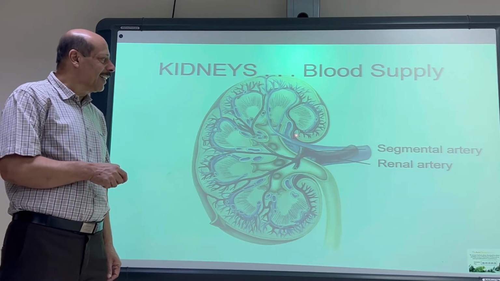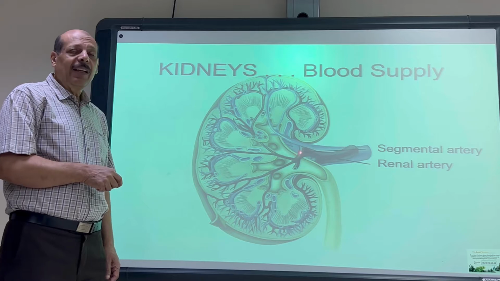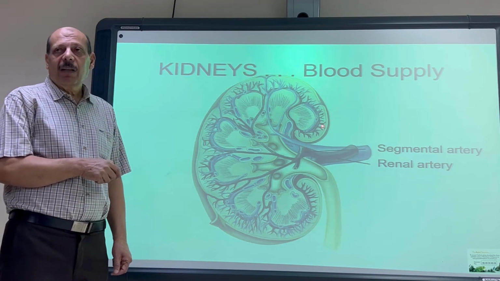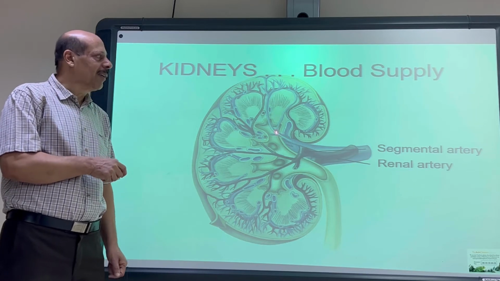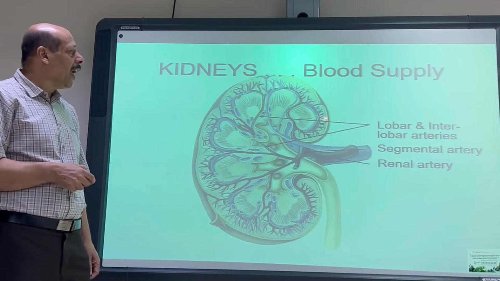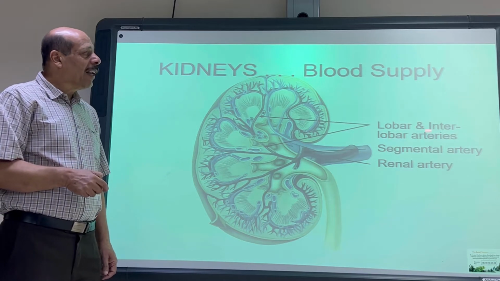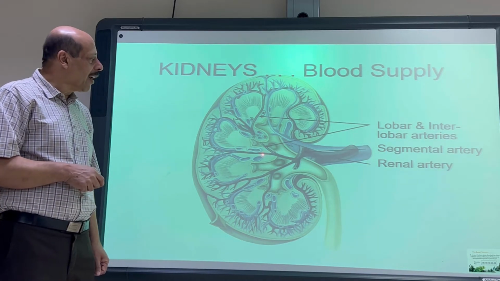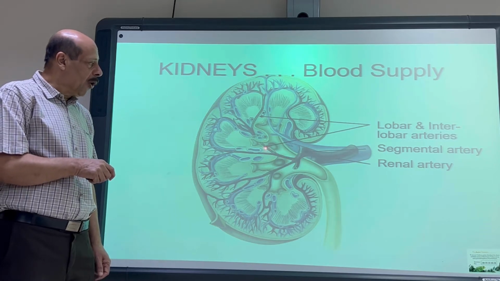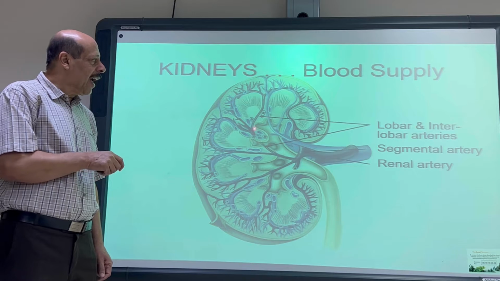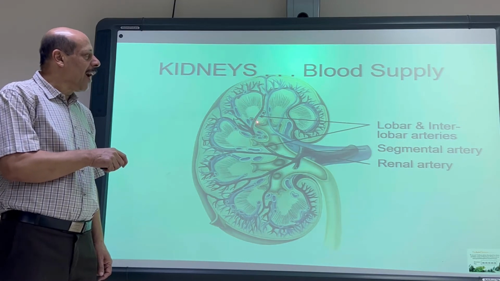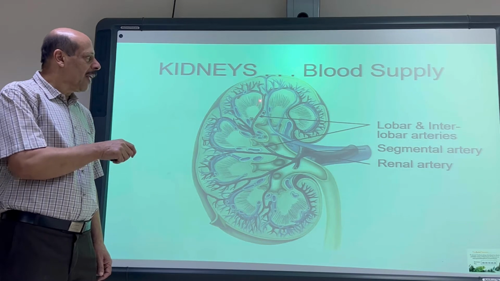The segmental artery goes to each segment of the kidney. Then we have the lobar and interlobar arteries. From the segmental artery we have the lobar artery, and here the interlobar artery between the lobes.